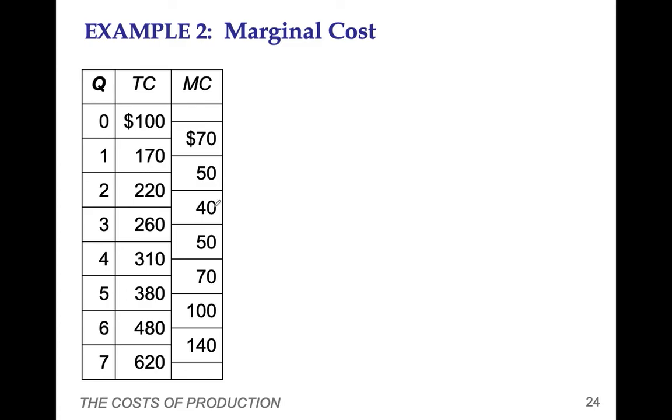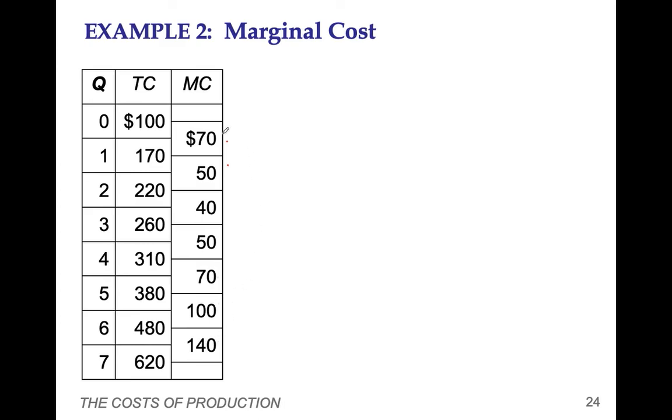And then it is 40. So at the beginning the marginal cost is decreasing, from 70 to 40. Then from the third unit produced, the marginal cost rises again from 40 to 50, and then with the fourth unit, it rises from 50 to 70, and so on.